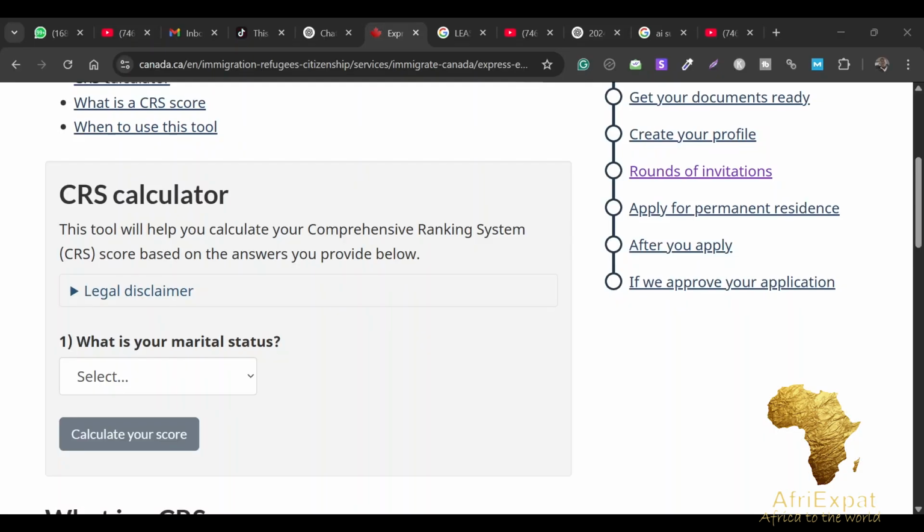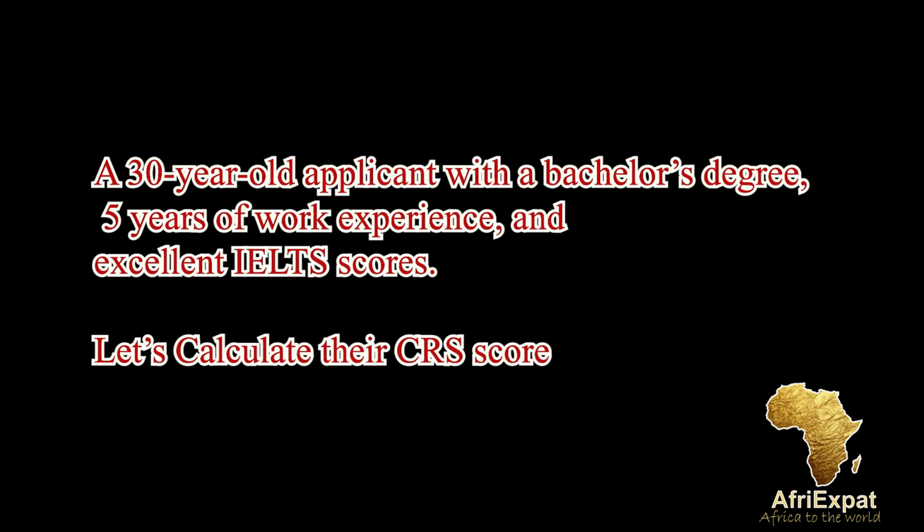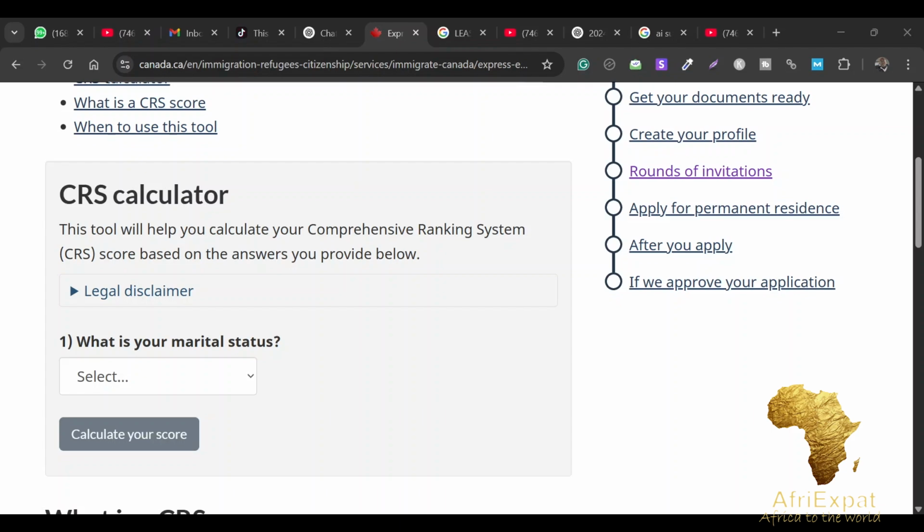Now let's consider some real-life examples and scenario analysis. We've taken a look at a couple of real-life examples using the CRS score calculator for Canada PR. The first example: imagine a 30-year-old applicant with a bachelor's degree, who has 5 years of work experience. The individual has maxed out their IELTS.